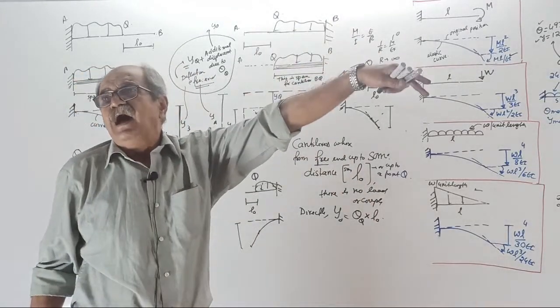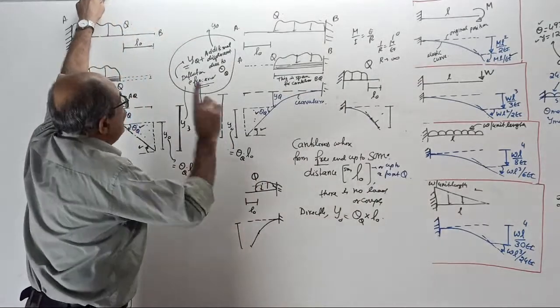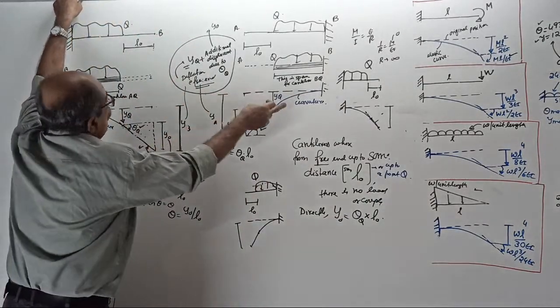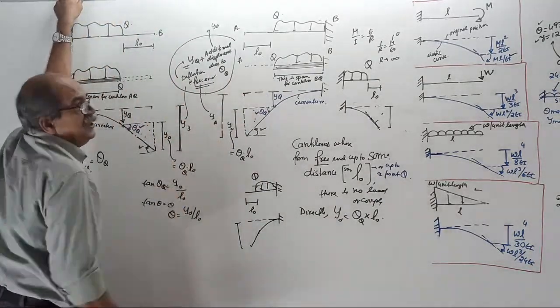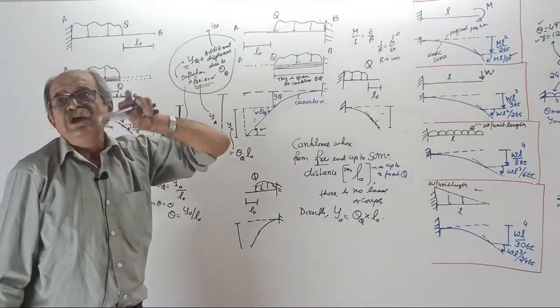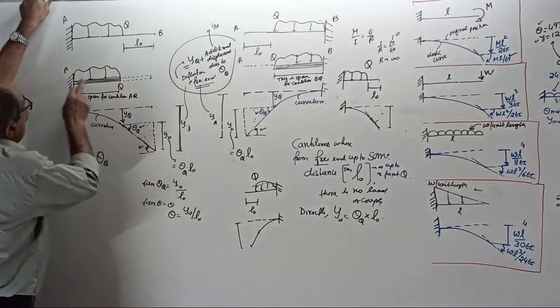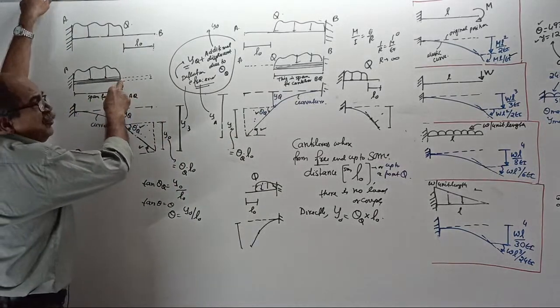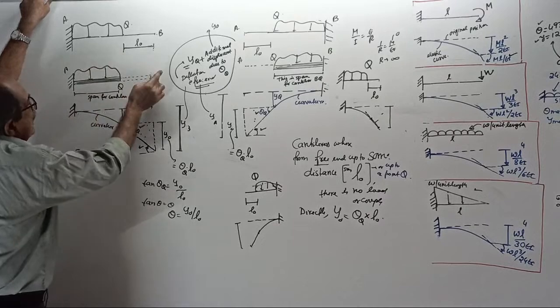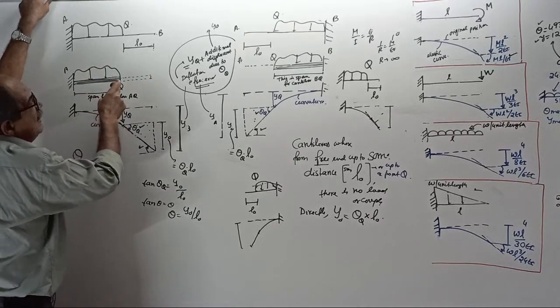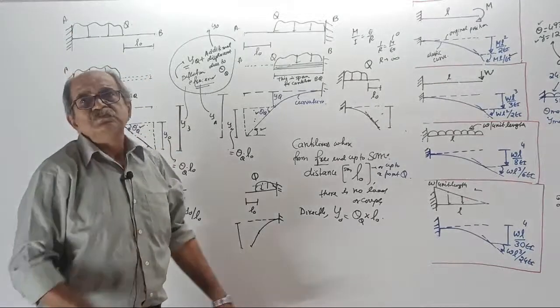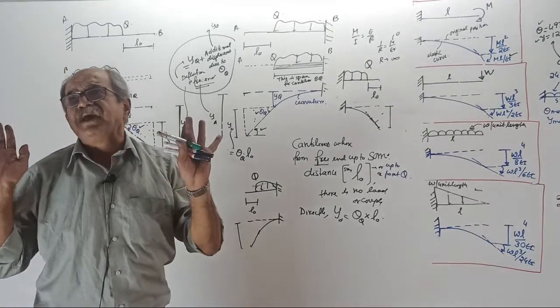Therefore, there will be some deflection and slope at the point Q. At the starting of that L naught from the fixed end side, where the unloaded portion starts, at the point Q, there will be slope and deflection.